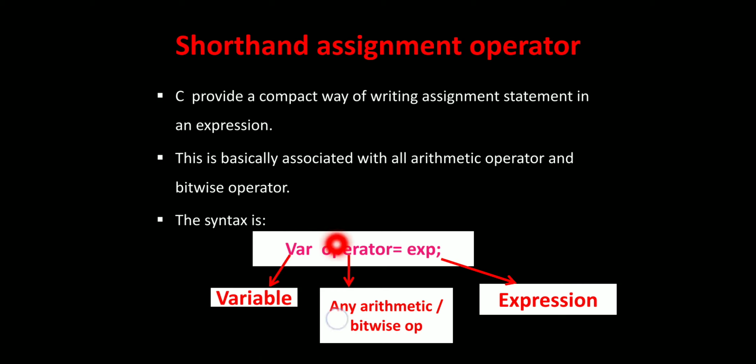The syntax is: variable operator equal to expression. Here the variable is the variable, the operator means any arithmetic or bitwise operator, and exp means expression. This is the syntax of the shorthand assignment operator.